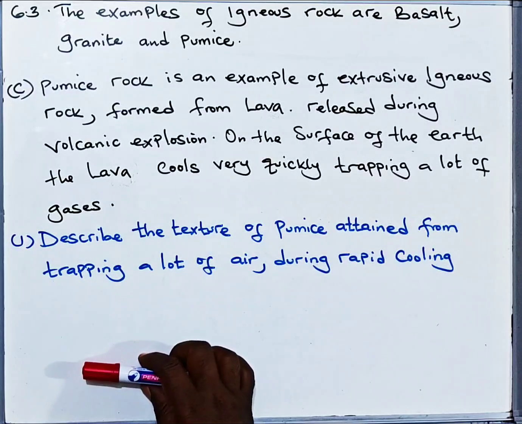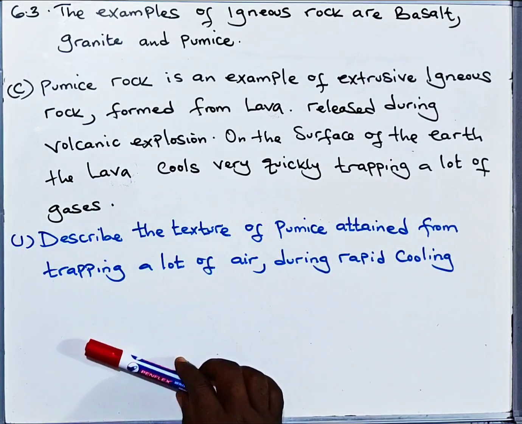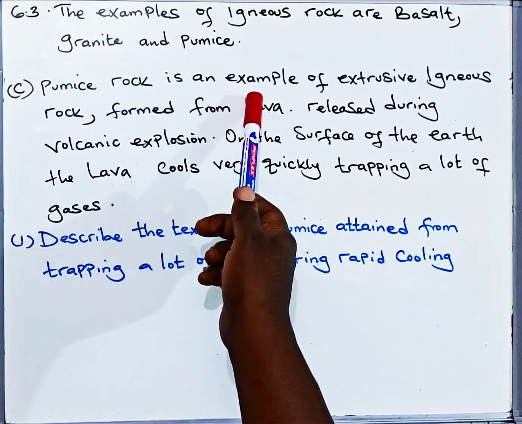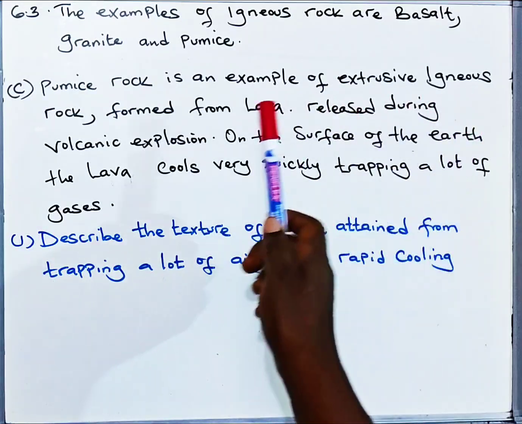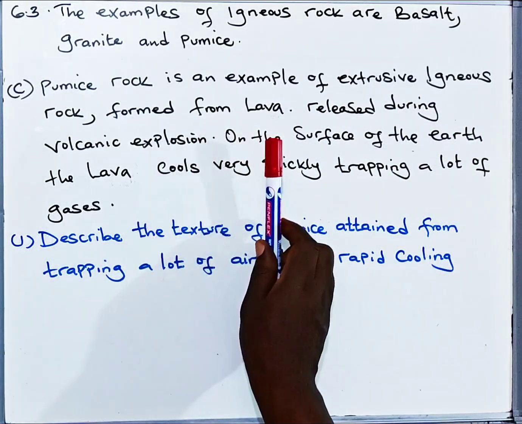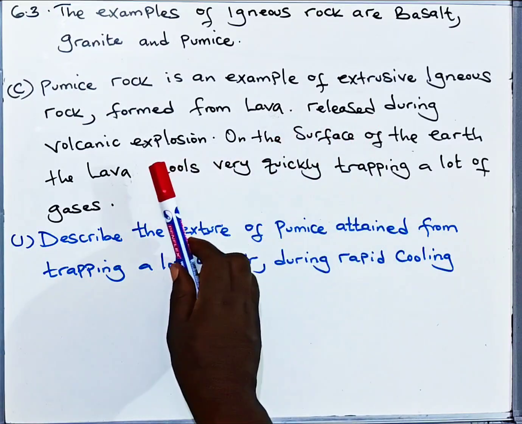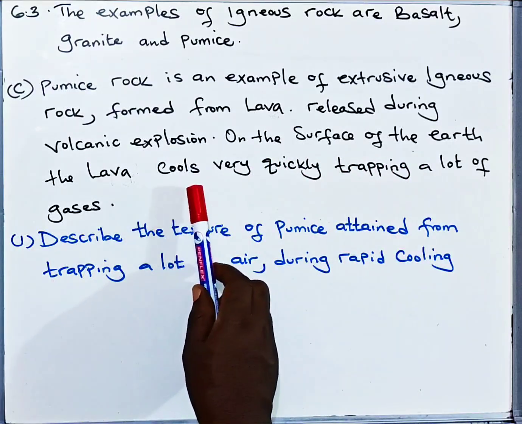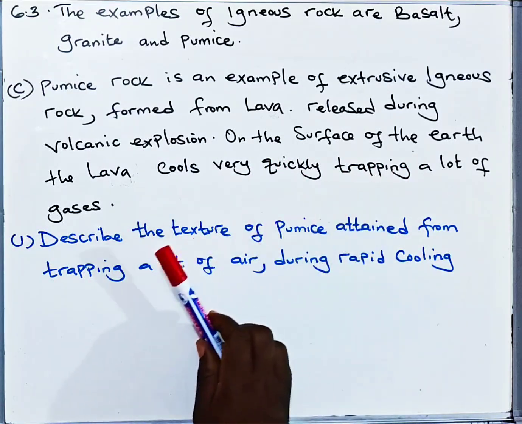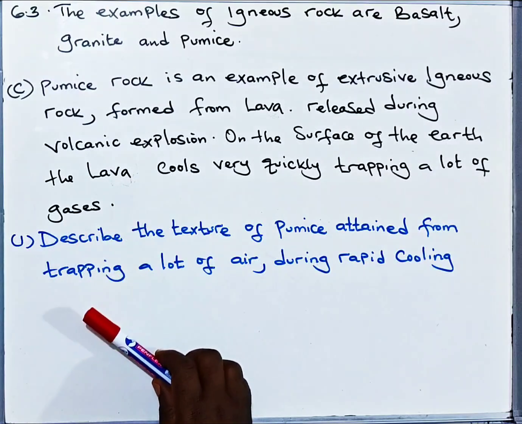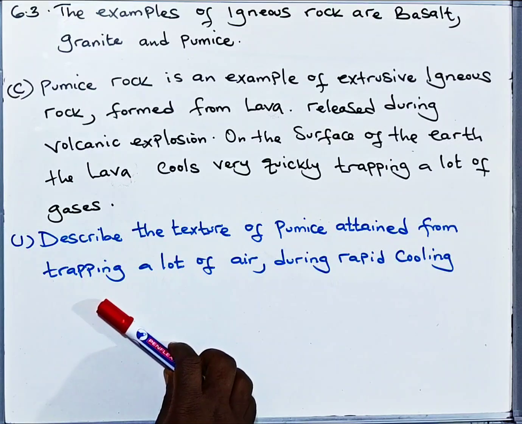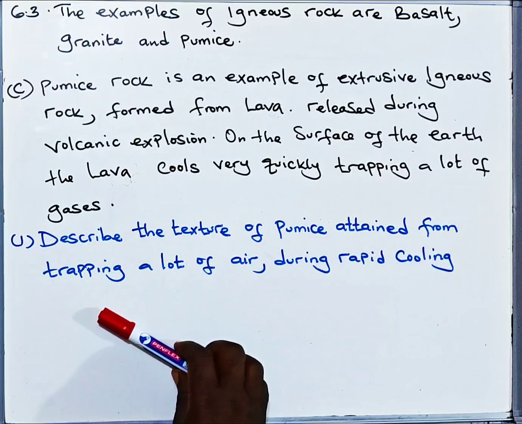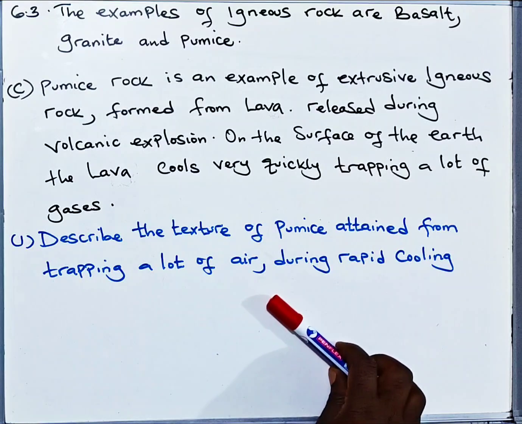Now we come to this case. It says that pumice rock is an example of extrusive igneous rock formed from lava released during volcanic explosion. On the surface of the earth, the lava cools very quickly, trapping a lot of gases. And then the question comes, describe the texture of pumice attained from trapping a lot of air during rapid cooling.